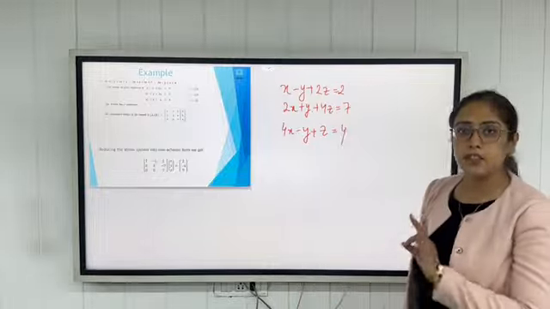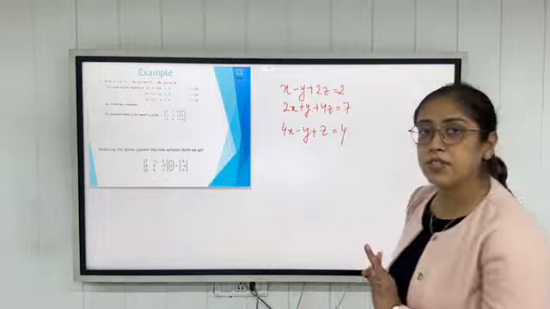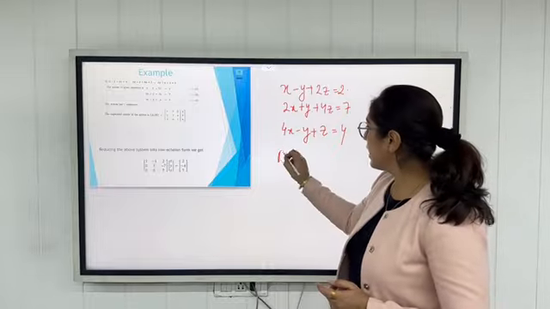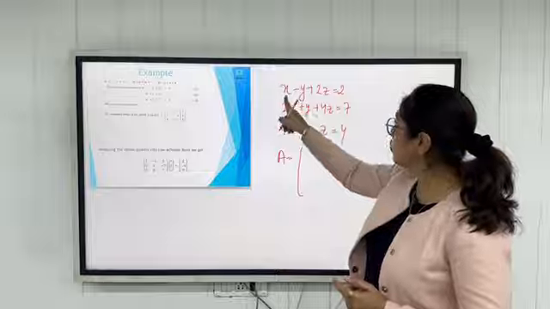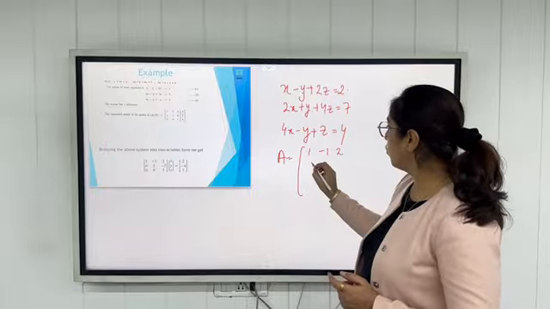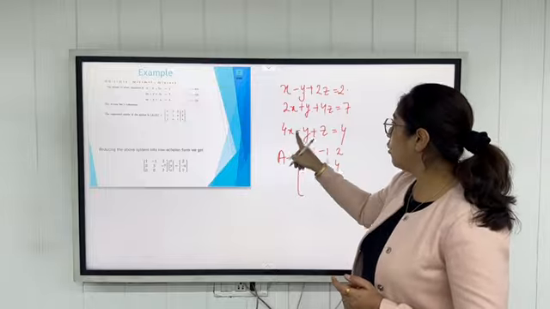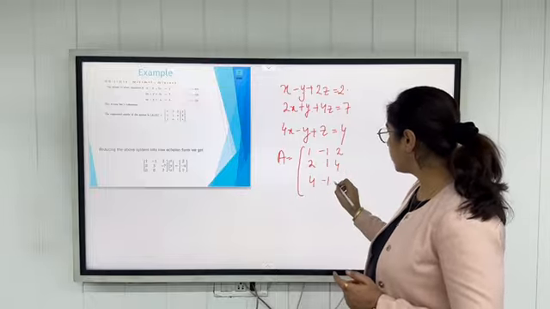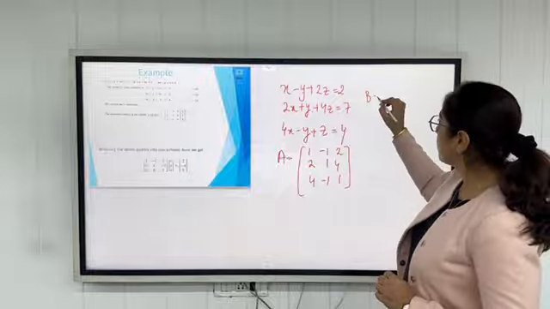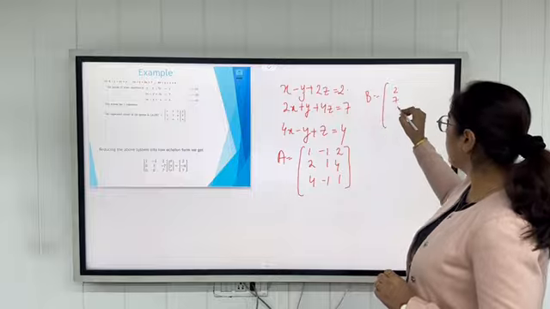So clearly this is a non-homogeneous system of equations. We can write it in the form of Ax is equal to b, where A will be the coefficient matrix 1, minus 1, 2, 2, 1, 4, 4, minus 1, 1. So this will be A, and B will be 2, 7 and 4.